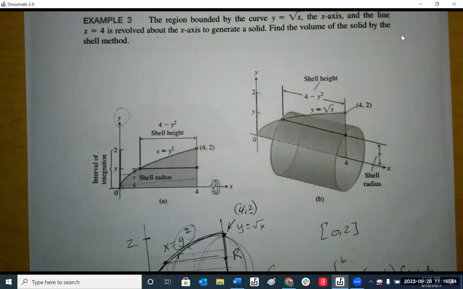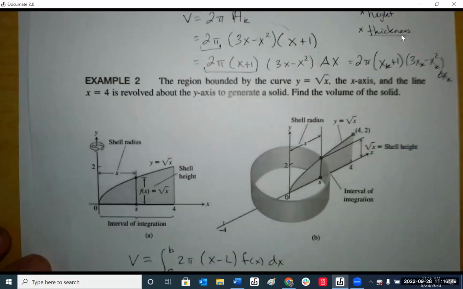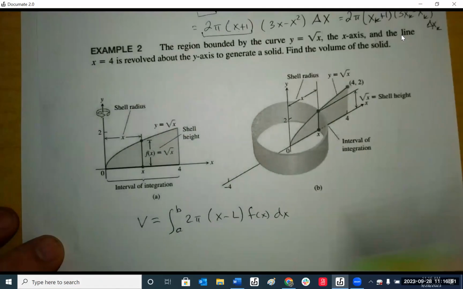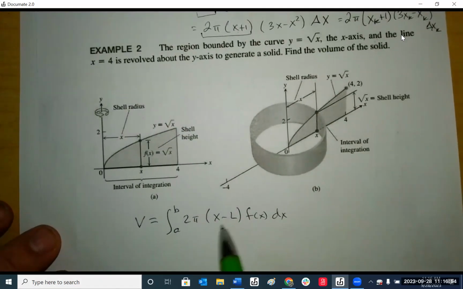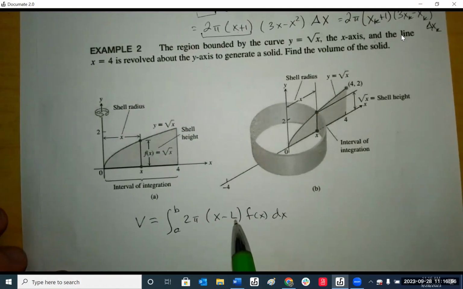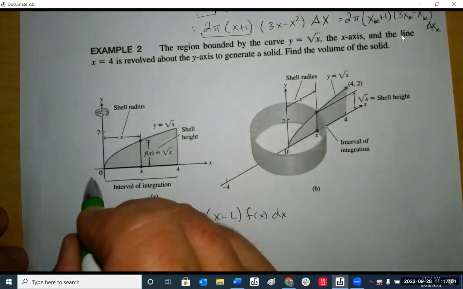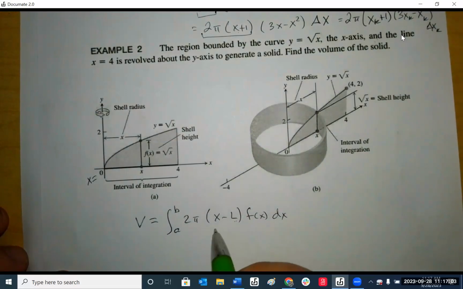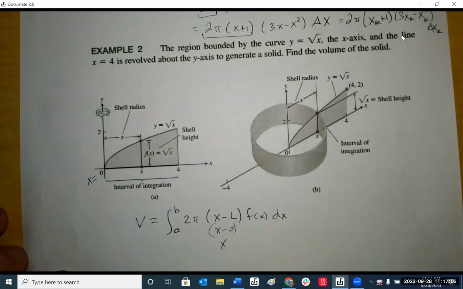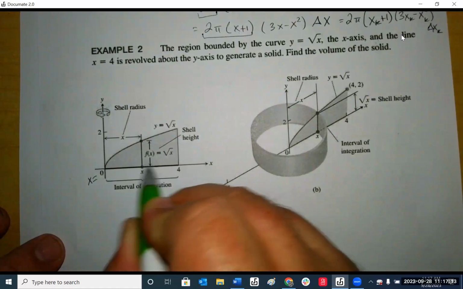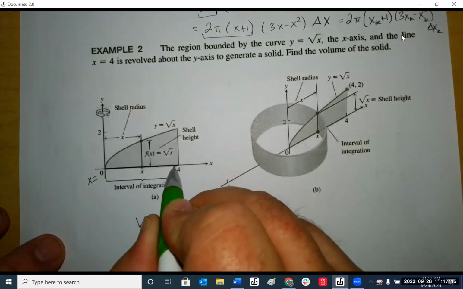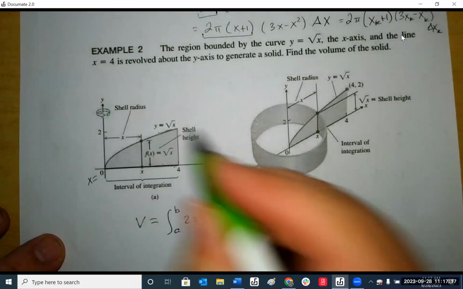If you look at our example 2, that's exactly what we did. Our L was, since we're rotating about the y-axis, x equals 0. So it had x minus 0, we just got x. The reason it was f of x is that the inner radius was 0, and the outer is the function f of x.